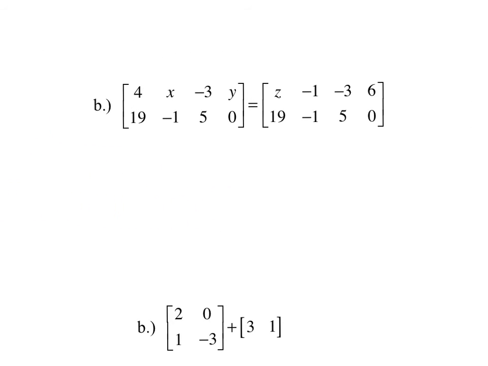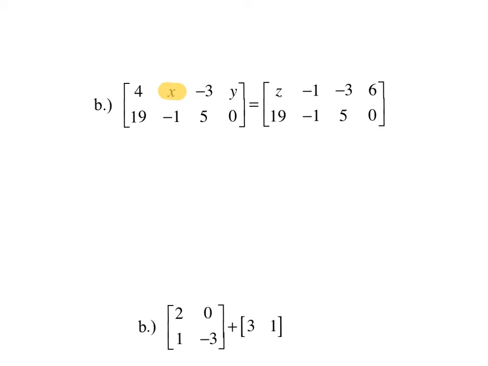For part B, although it looks a little bit more complex, it's not so bad. I'm going to start by highlighting my x value. So here, my x is right here, and that would correspond to the -1. So x equals -1. And then finding my y is along the top row in the 4th column.